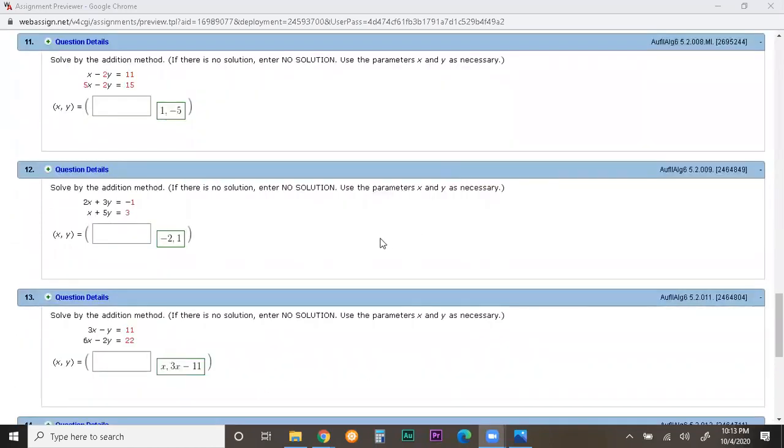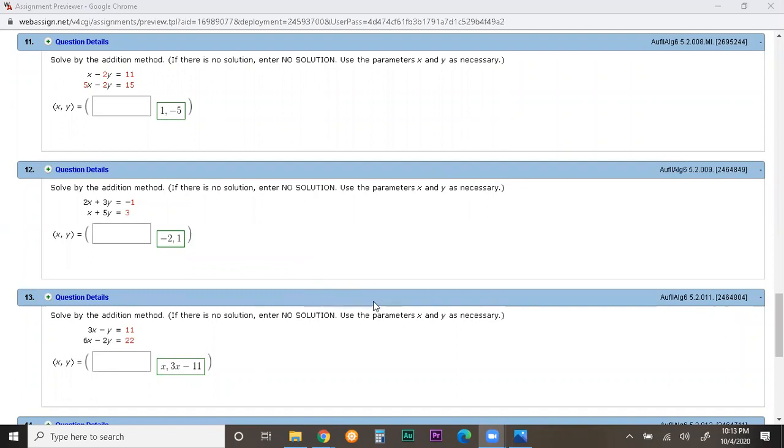With these particular problems, of course, we want to eliminate a variable. Some of these will be easier than others. Some of these you will have to multiply both equations by something. Some of them you may have to multiply only one equation by something. Some of them you may be able to just add them together and a variable will cancel immediately.